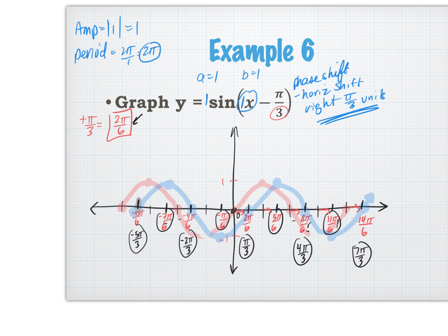I personally would find a common denominator between my shift and my original graph, and I would put everything with the same denominator, which makes it super easy to add or subtract some value. But again, my graph just shifted over, all my red points shifted over pi over 3 units to the right, and that's my new graph, the blue.